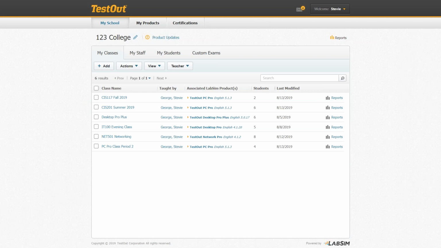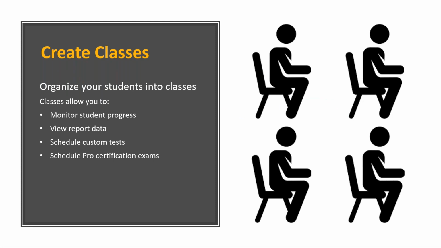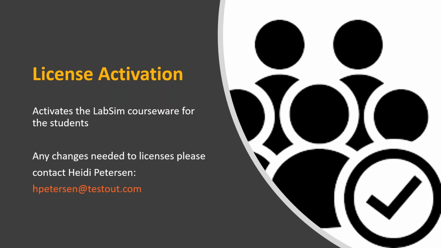All right. Now, we did the class setup and explained why that's important. So the next step is our license activation. And this activates, of course, the courseware itself for the students. And I wanted to note up front that if by chance you need any changes, maybe you've ordered 20 licenses, and in the end you're only using 18 of those licenses for your class, and then you need 2 of those licenses perhaps to be a different product because you have a couple other students that maybe want to do networking now.